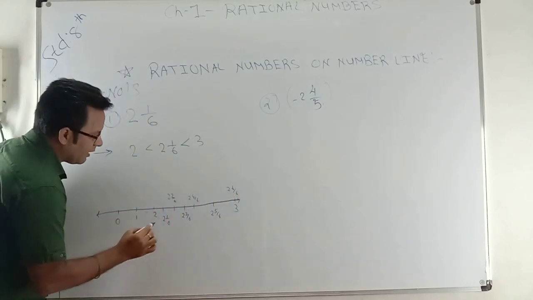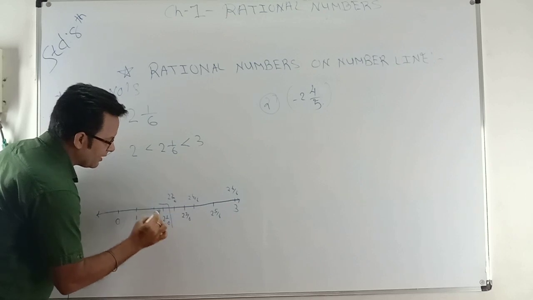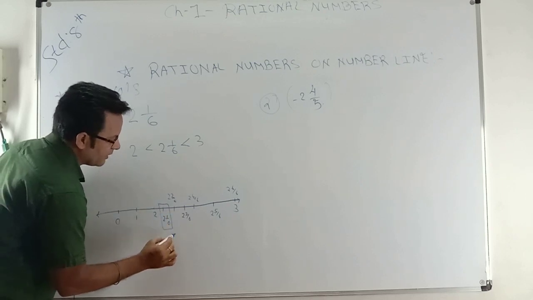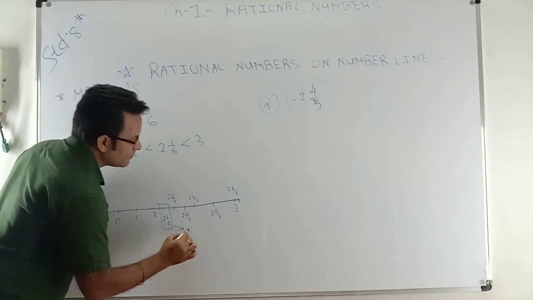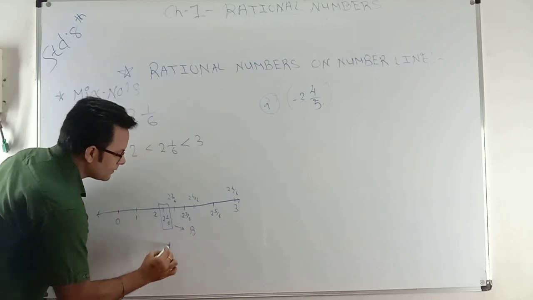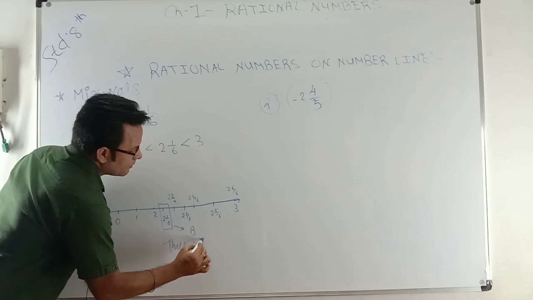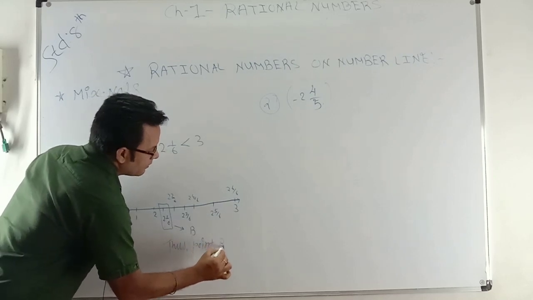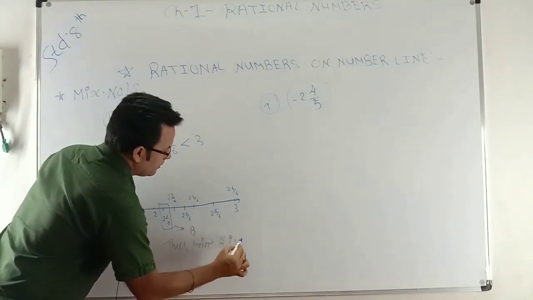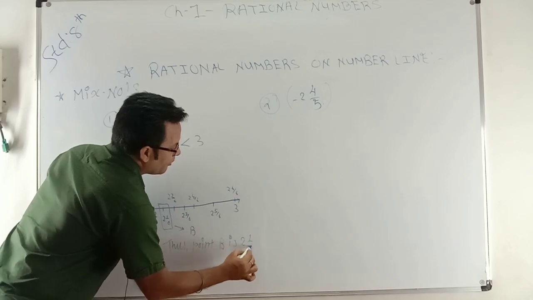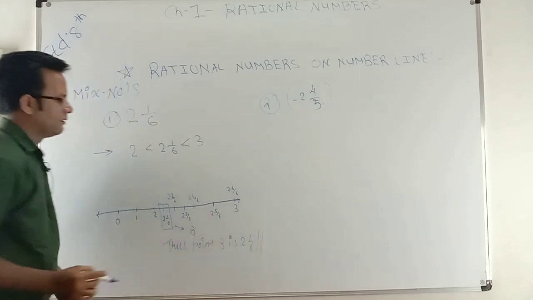So our required number is here, 2 integer 1 upon 6. Thus, point B is 2 integer 1 upon 6.